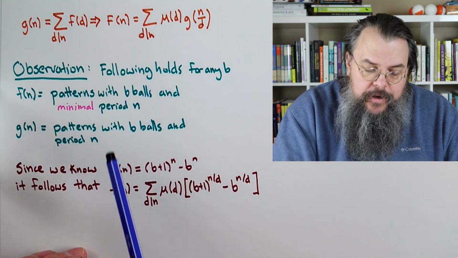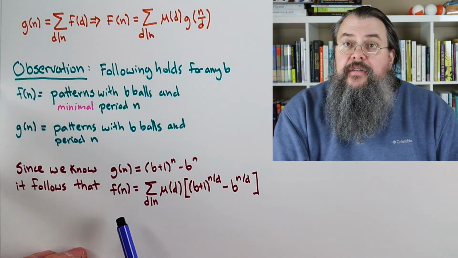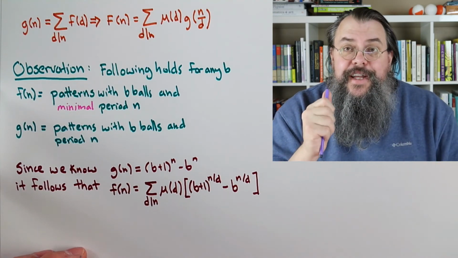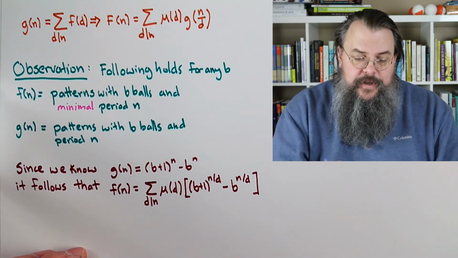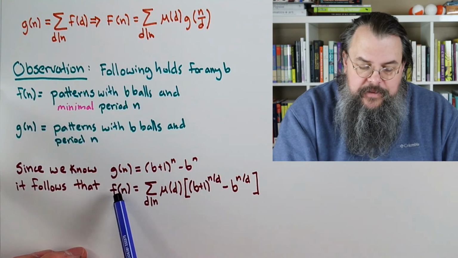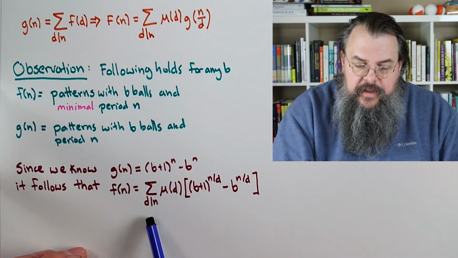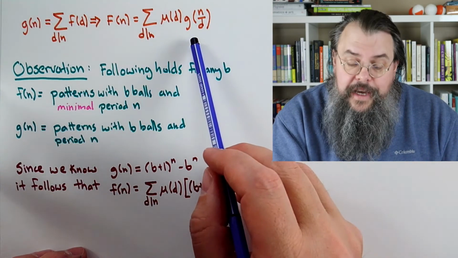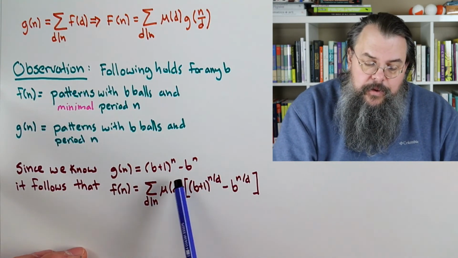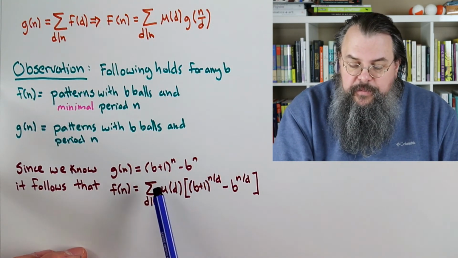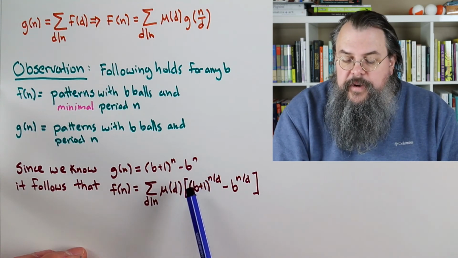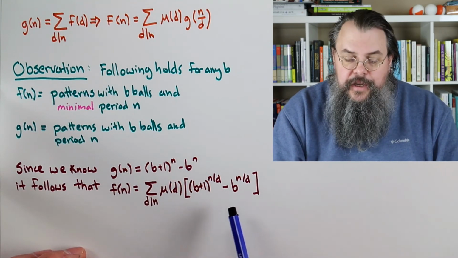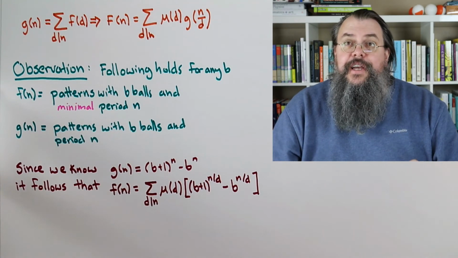So our number of patterns with b balls and smallest period n, so we can't break it down any further, that's what we're after, is our sum, d divides n, the Mobius function of d, and then g of n over d. Well, what is g of n? It's the number of balls plus 1 to the period minus the number of balls to the period. So b plus 1 to the n over d minus b to the n over d.